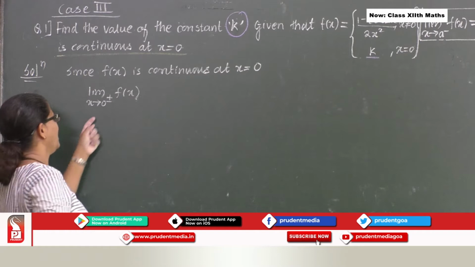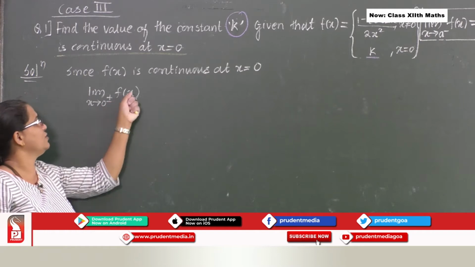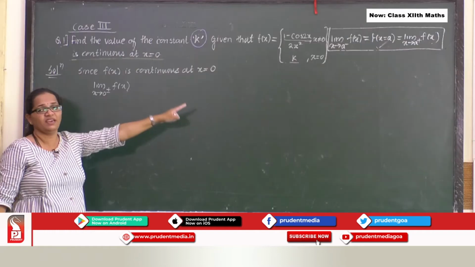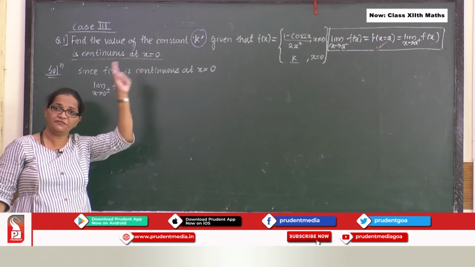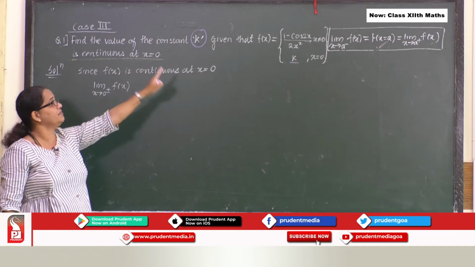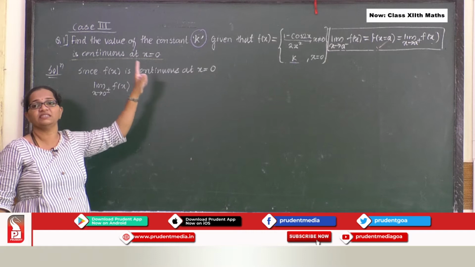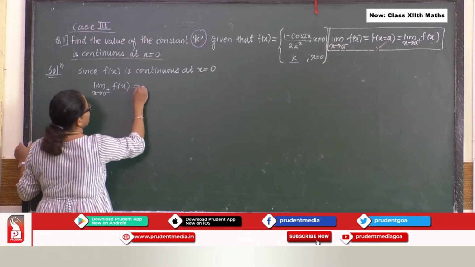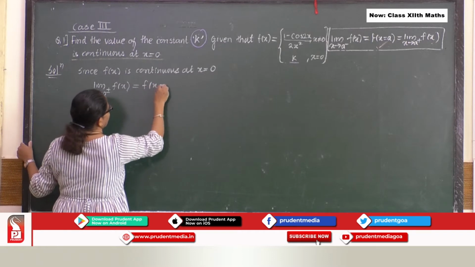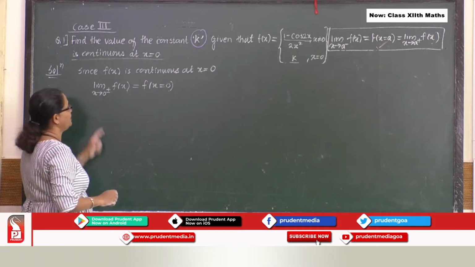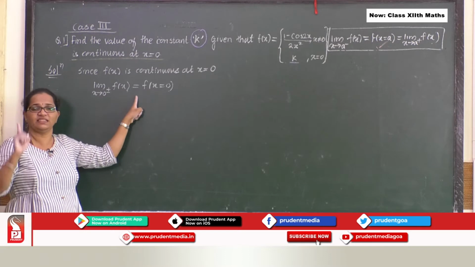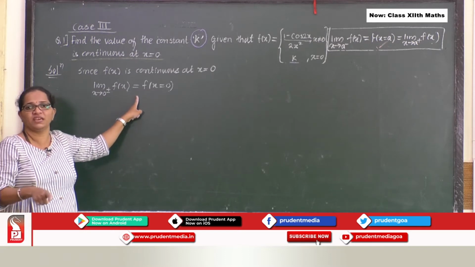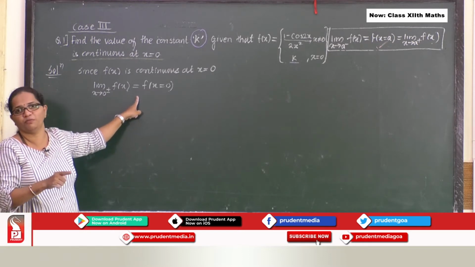Now why am I saying plus or minus? Because we are talking about the first case where my left hand limit is equal to my right hand limit. So this is equal to f of 0. Perfect. So this is the theory which I am using in this particular problem.